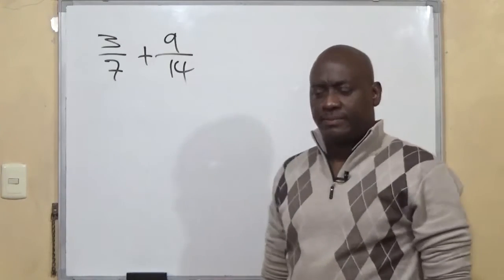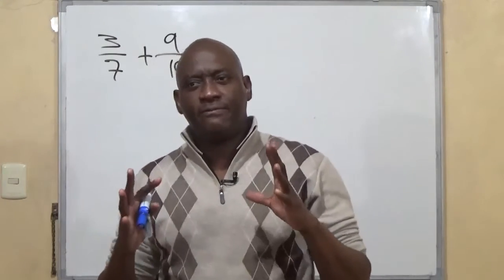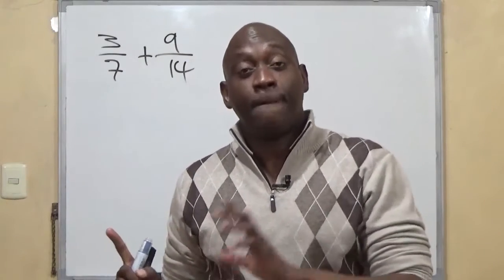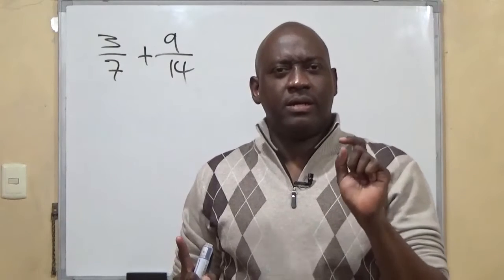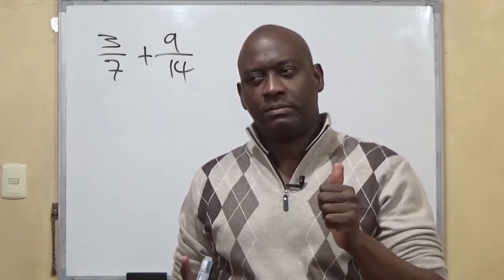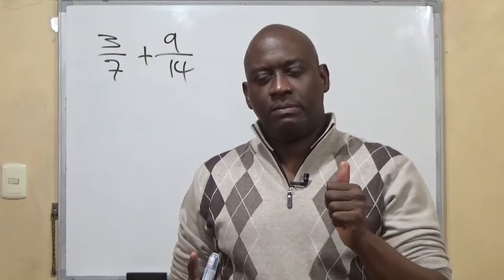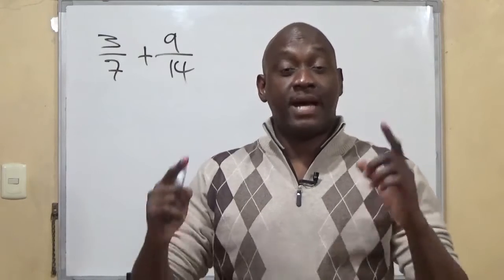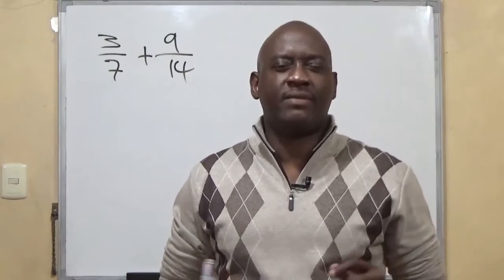So in other words, we're going back to the foundation principle that we discussed in the previous video, where we said that the core, the foundation of any addition or subtraction of fractions is a common denominator. You must have a common denominator.